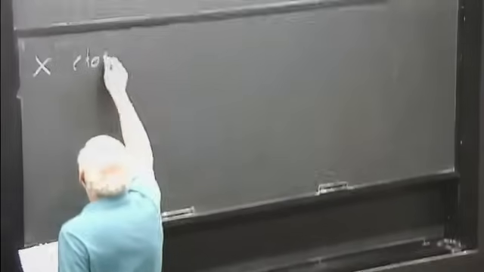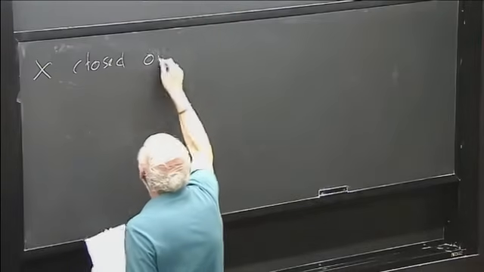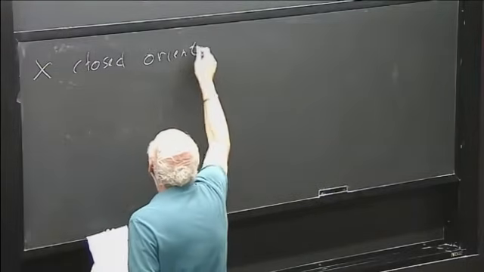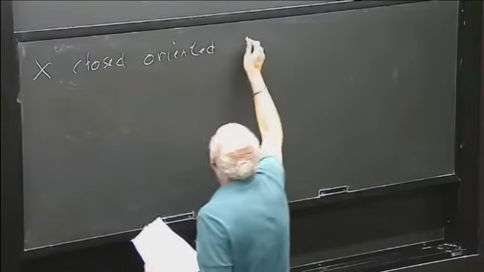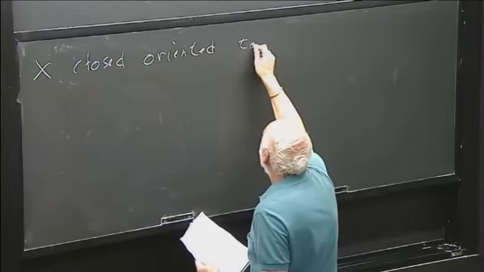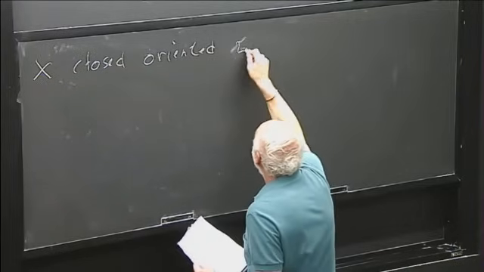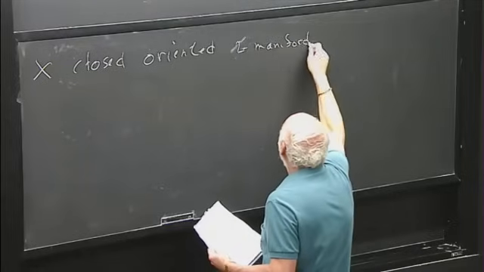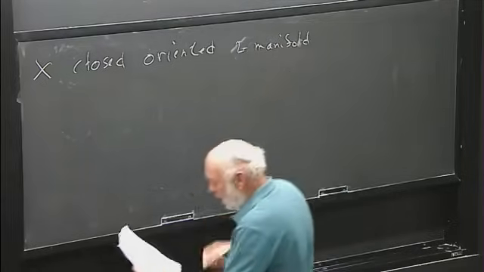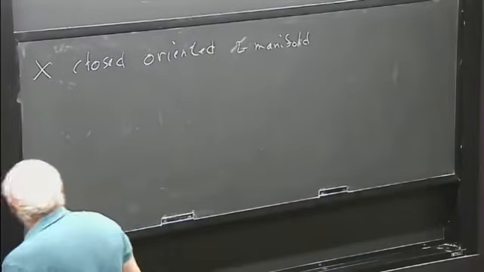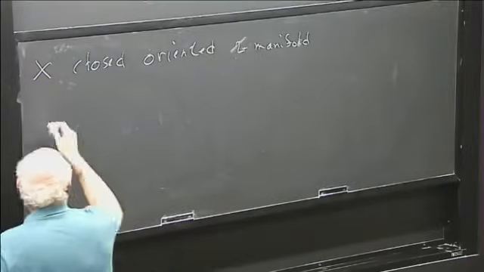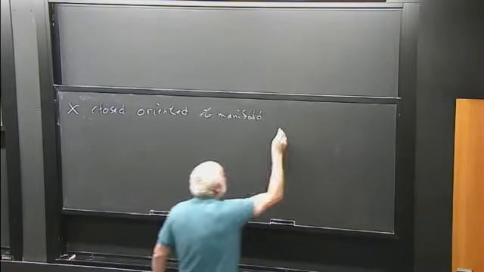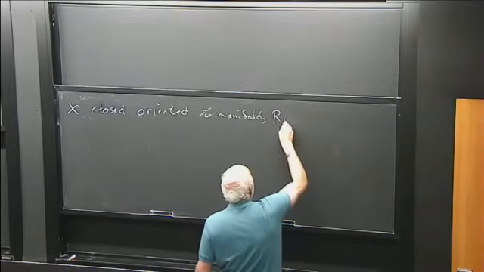We'll just make this a two-dimensional, oriented manifold, and in fact Riemannian, has Riemannian structure.